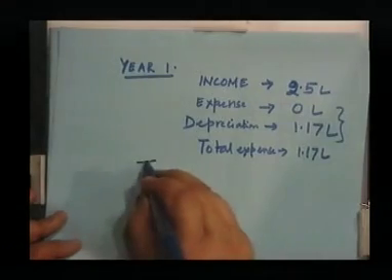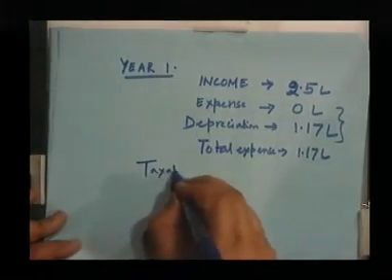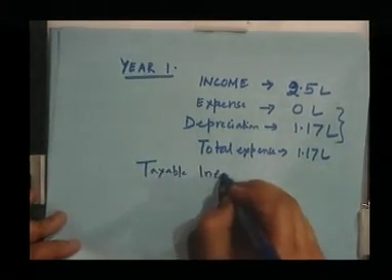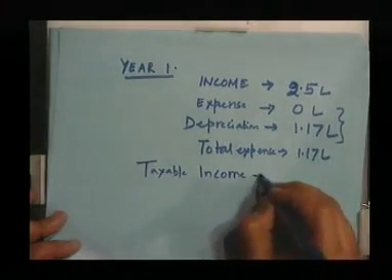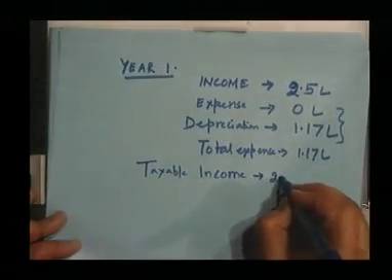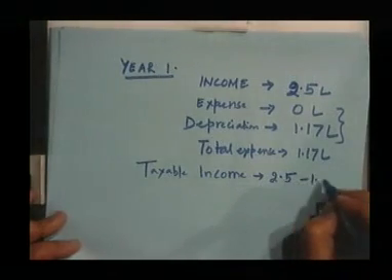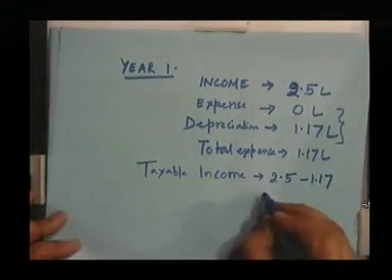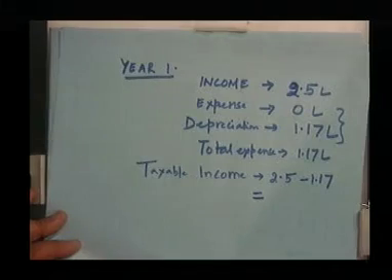So, my taxable income, how much is it? It is going to be 2.5 minus 1.17. How much is this? It is equal to 1.33.